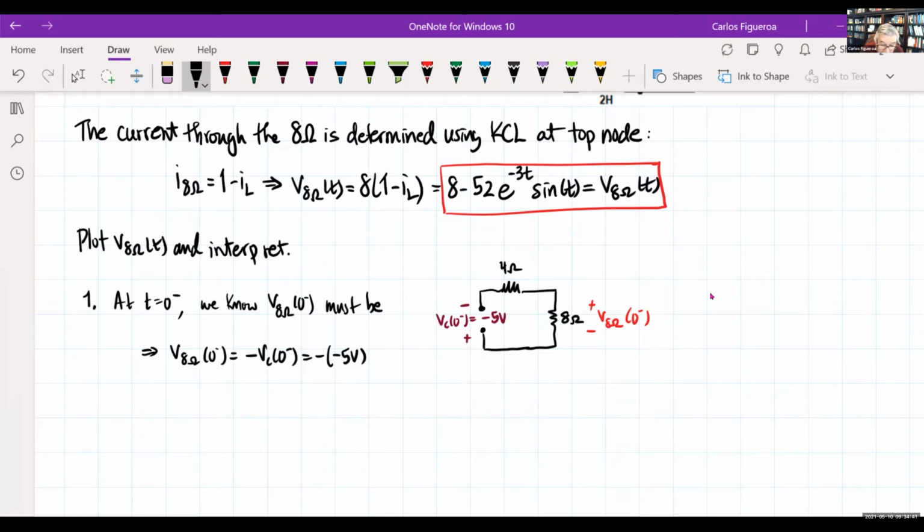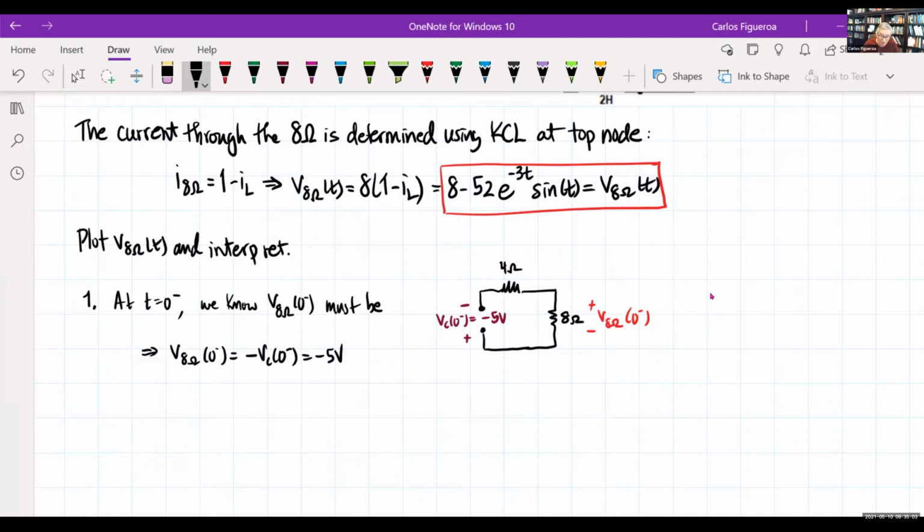It's got to be minus 5 volts. That's all I know. I don't know about this double minus sign, but it's got to be minus 5 volts, so I have to be careful with that sign, because the only thing we know is that it has the opposite polarity.